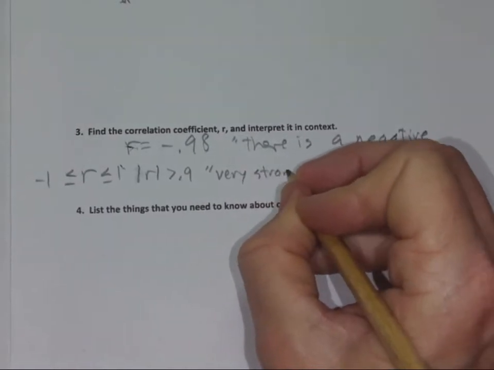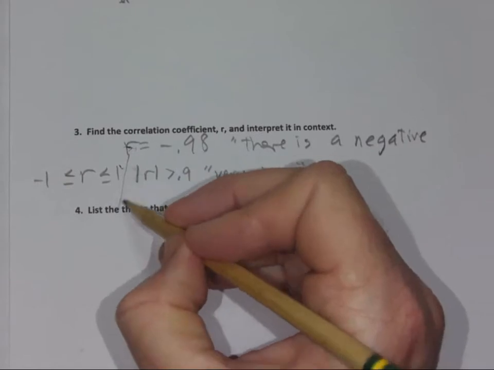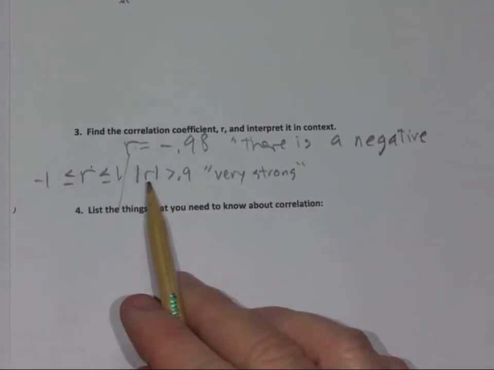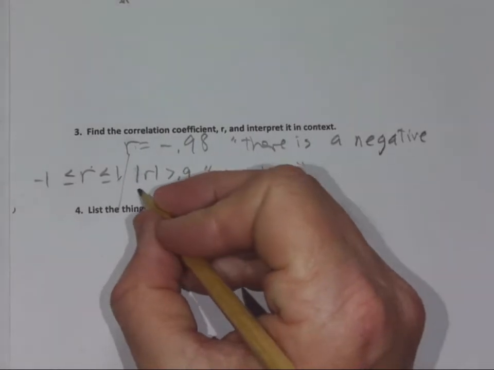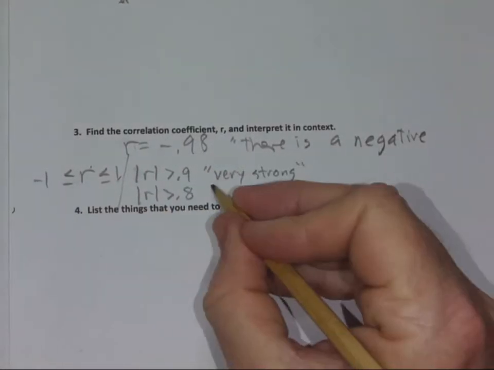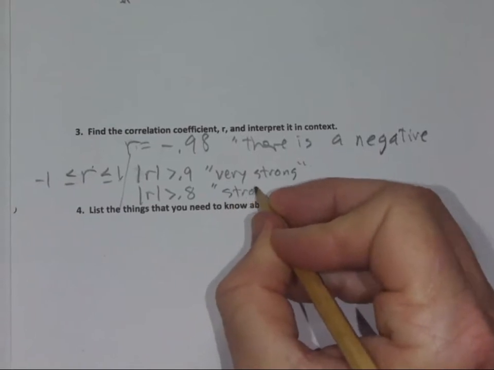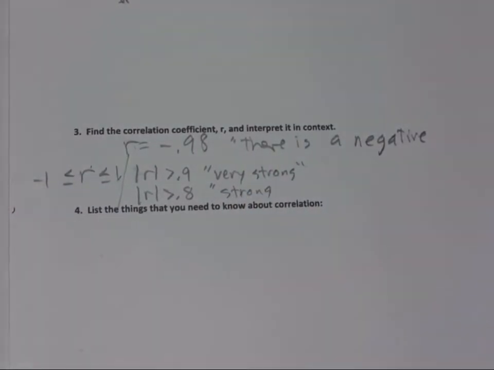It really depends on your context, and we'll talk about that later. But this is our little rule of thumb. If your R is greater than 0.9 or less than -0.9, we say that's very strong. If your absolute value of your R is greater than 0.8, all right, we call that a strong relationship. Okay, this is your rule of thumb. It's not some mathematically proven thing, your rule of thumb.